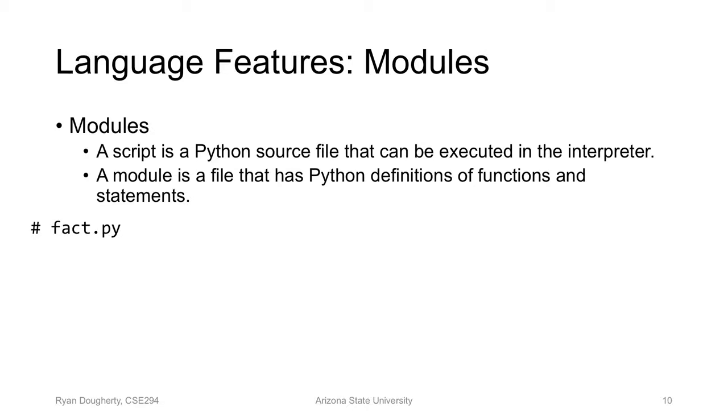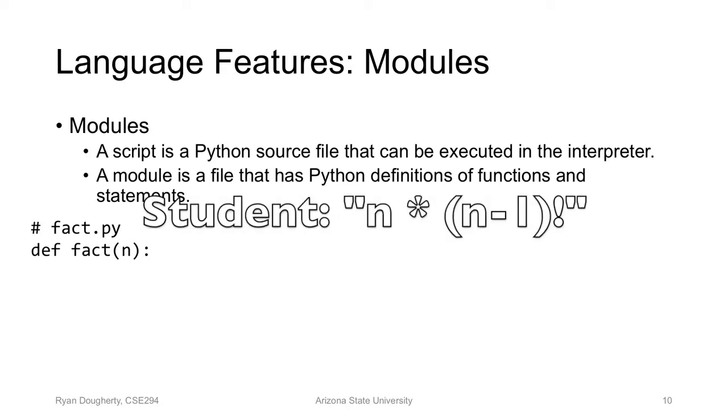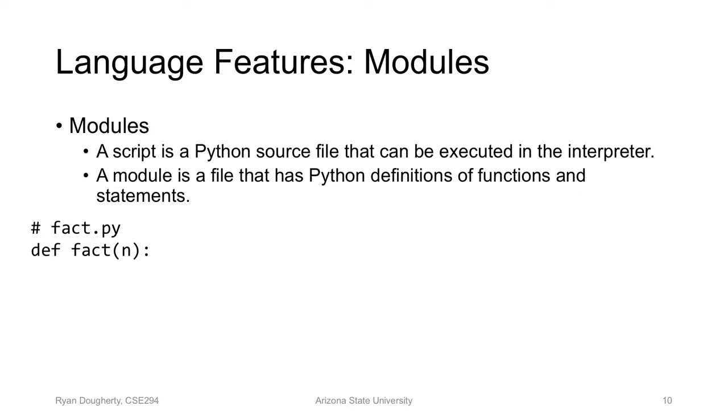Okay. So if we had a factorial Python file, we would have one method, factorial, which takes an integer n and returns the factorial of the number. So what's an easy way to find the factorial of a number? Yeah, n factorial is just n times (n minus 1) factorial, right? So we can just return n times fact of n minus 1.